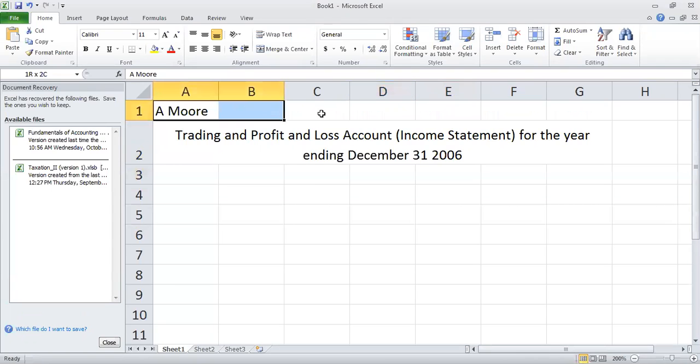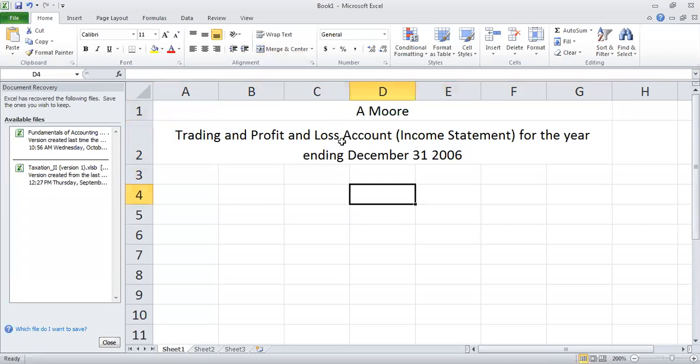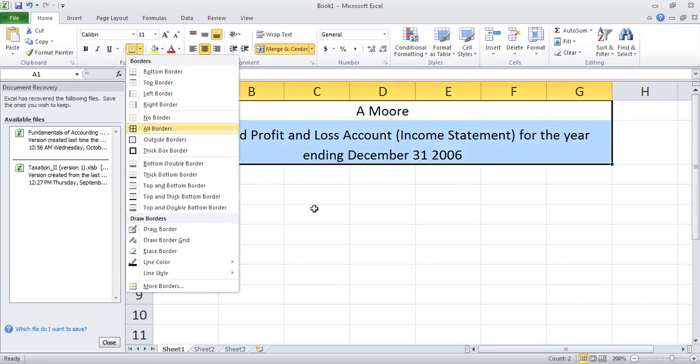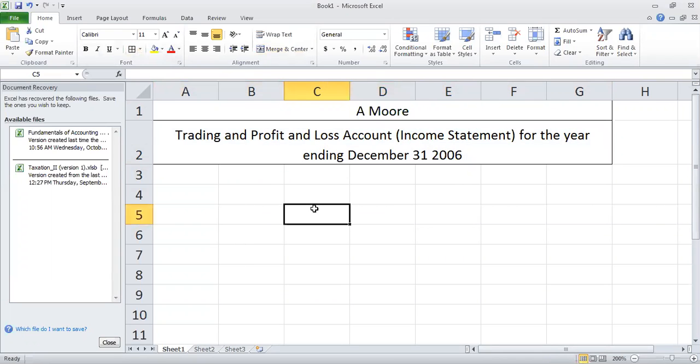And then merge this and center as well. That now is the title for your income statement account, right?